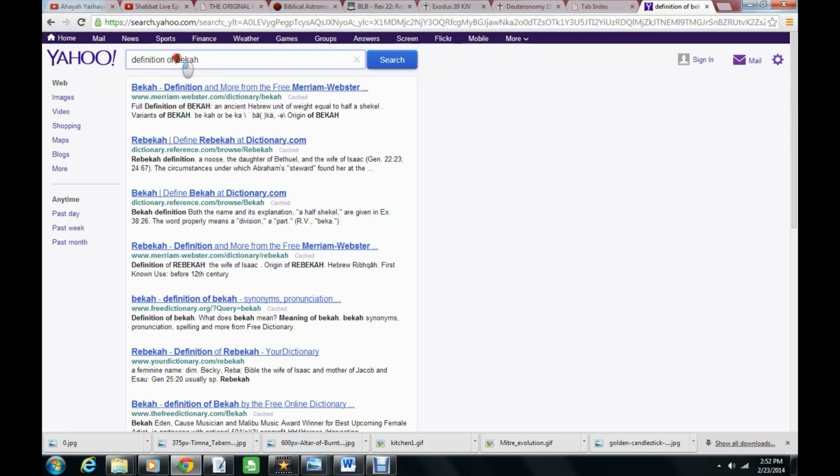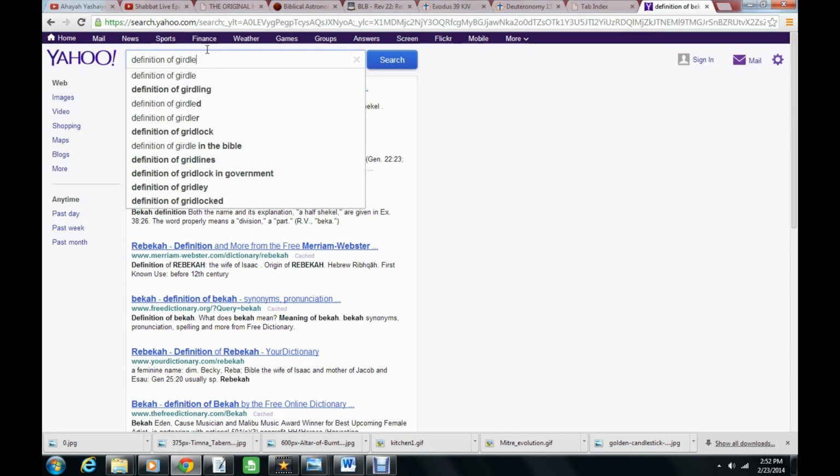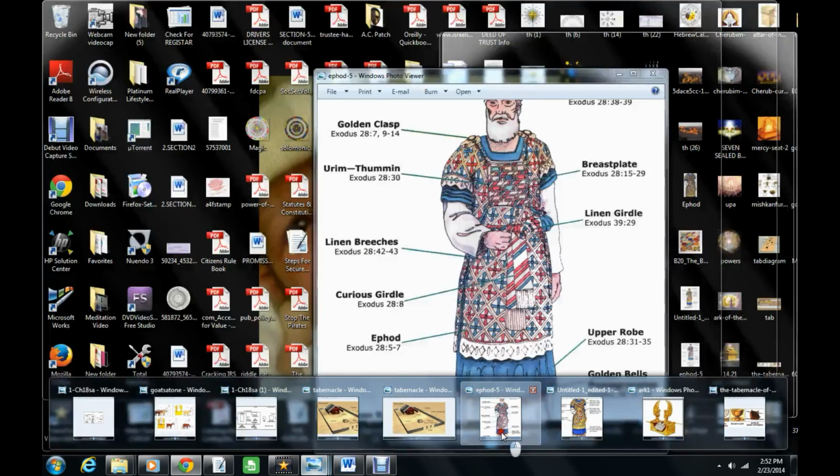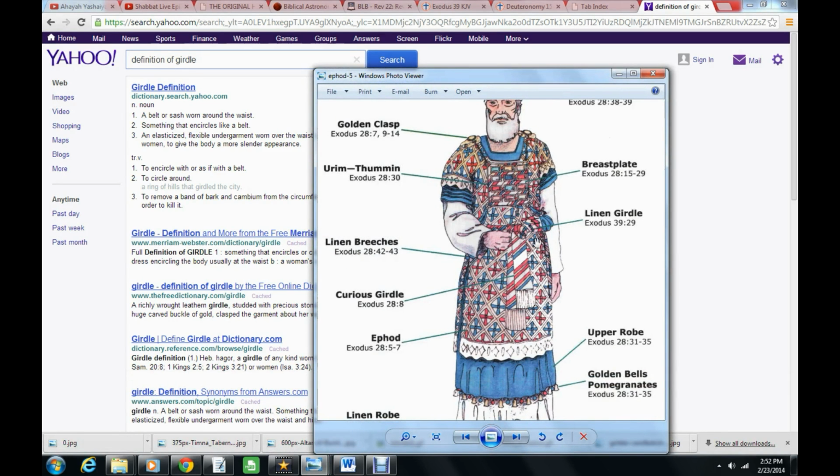And just to know what a girdle is, for some of y'all: a belt or sash worn around the waist, something that encircles like a belt, an elasticized flexible undergarment worn over the waist and hips, especially by women, to give the body a more slender appearance. So gird means it is tight. That would be this thing around his waist right here that he's tying. And you see the linen falling down from it. The curious girdle. The linen girdle.